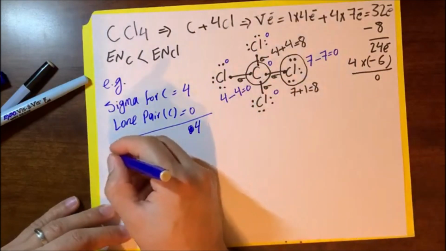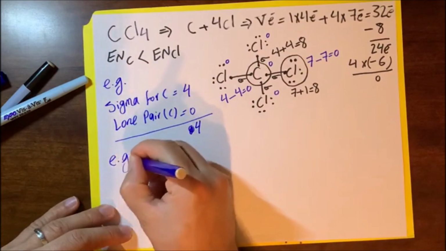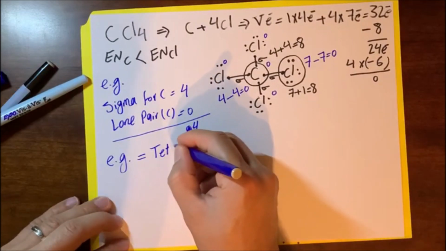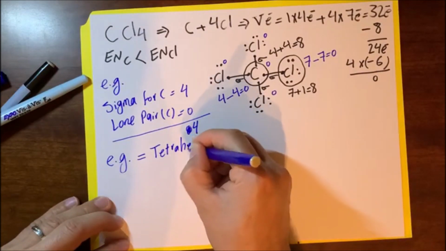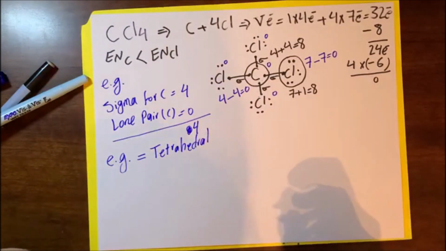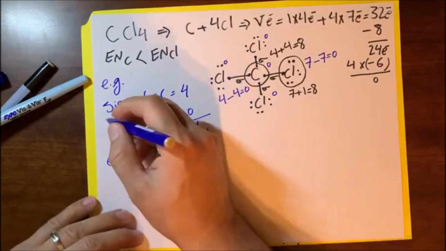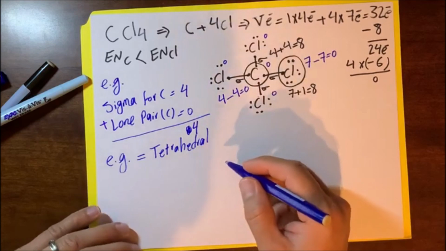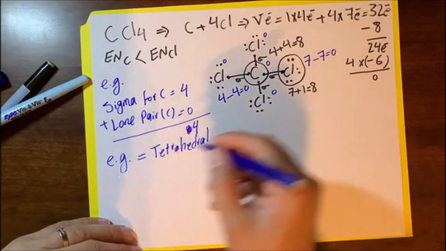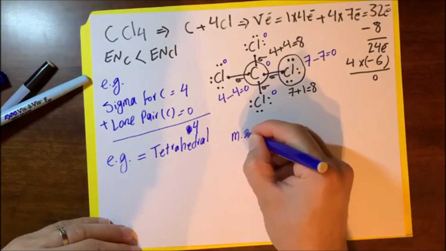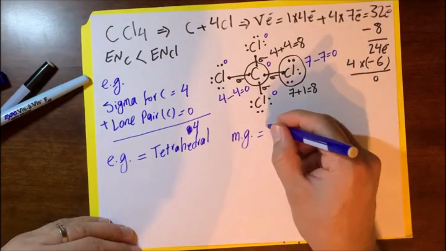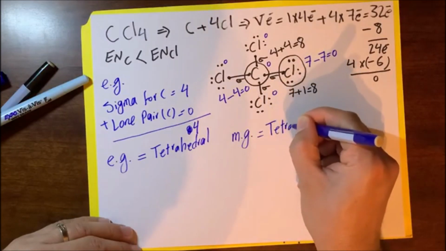That means electron geometry will be tetrahedral, because sigma plus lone pair is equal to 4. Next, how about the real or molecular geometry? This one also will be tetrahedral.